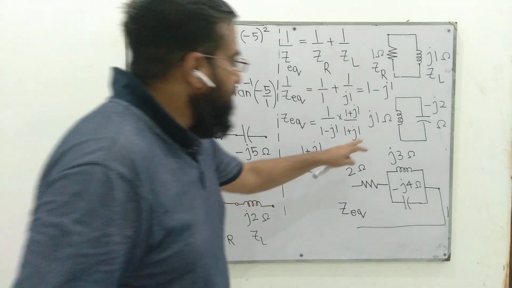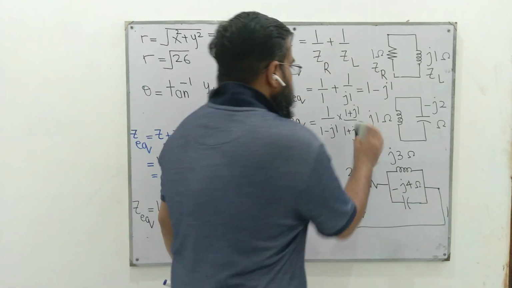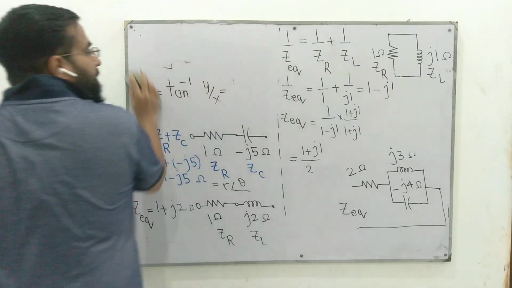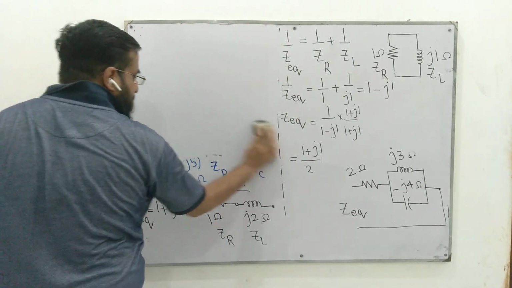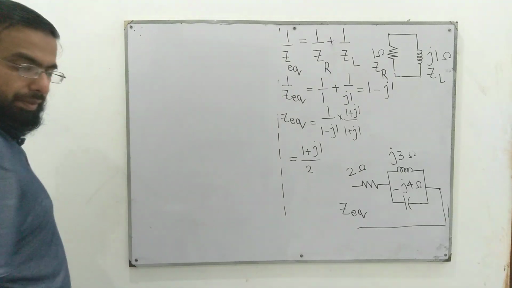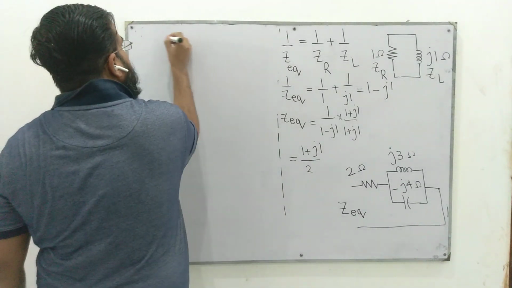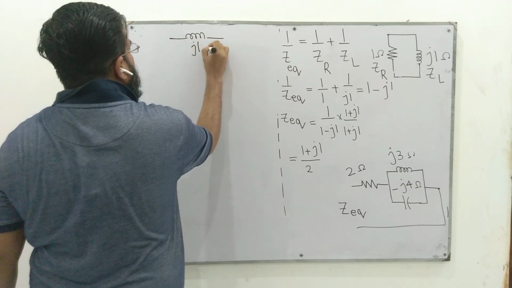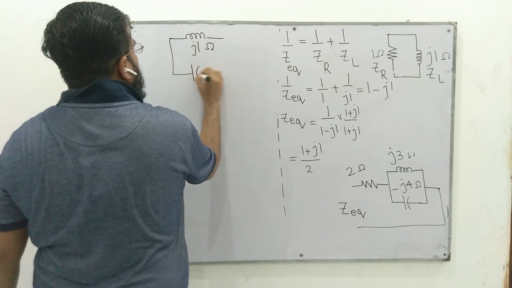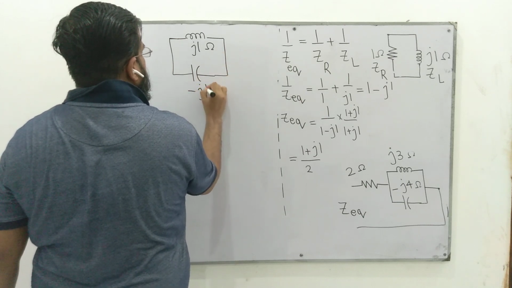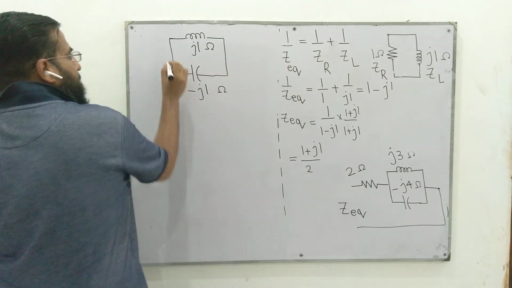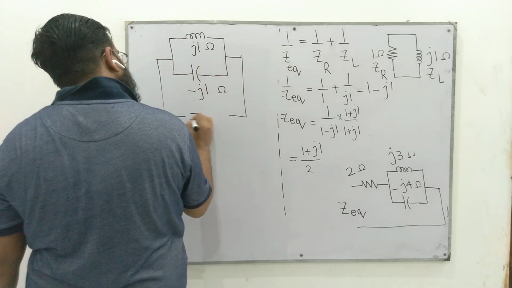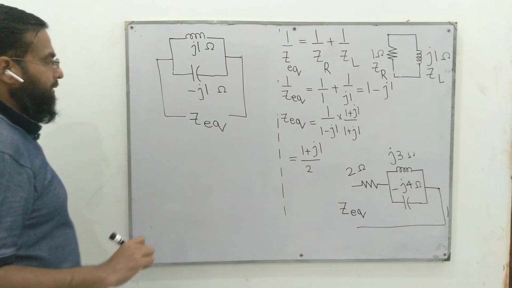Right. If we have this scenario, let me draw it again over here. We have a resistor, an inductor, maybe a J1 ohm inductor, and a capacitance of minus J1 ohm. Suppose this is the case and we are required to find this C equivalent.